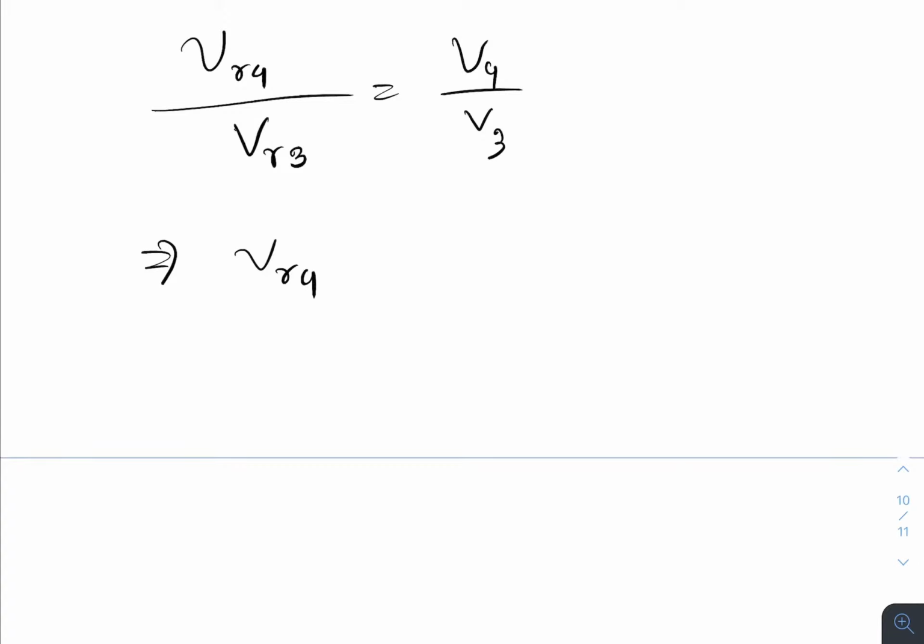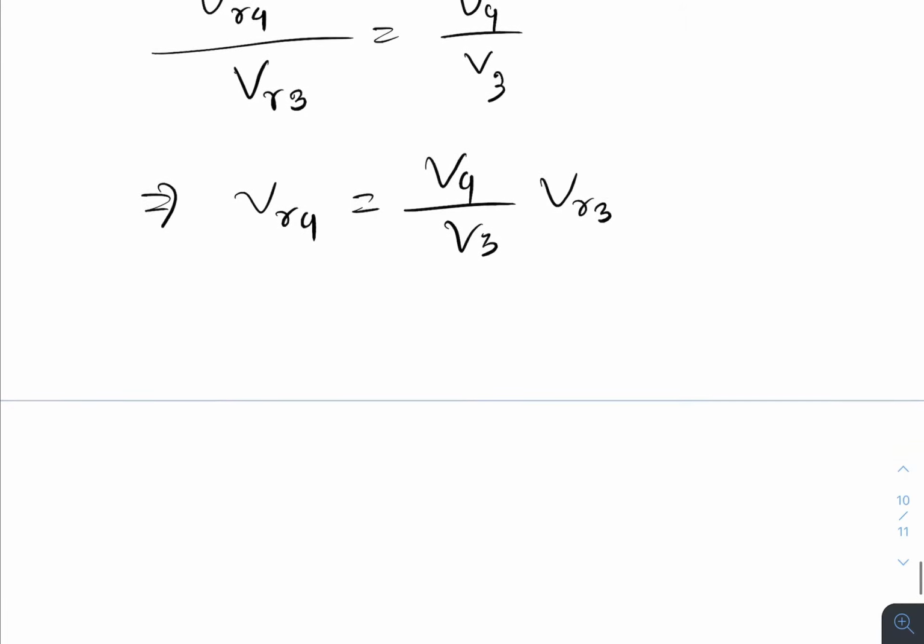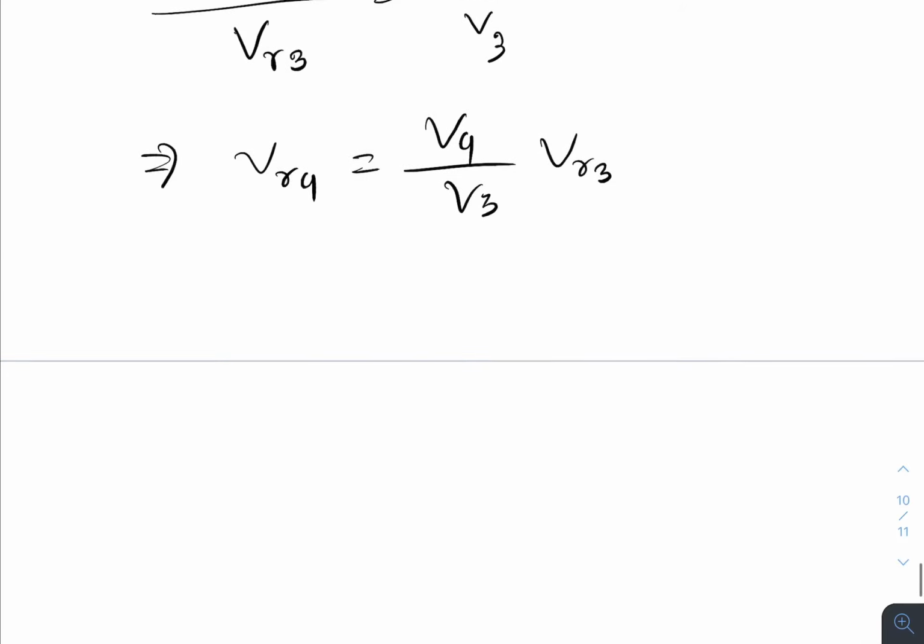So basically for this one, VR4 equals V4 divided by V3 times VR3. So we know all this information.